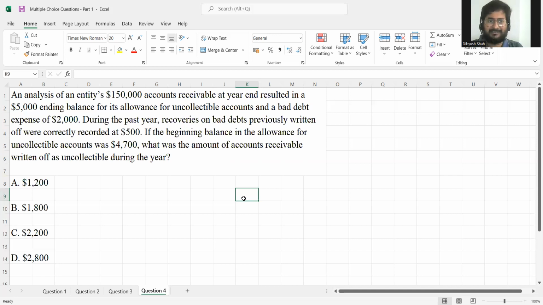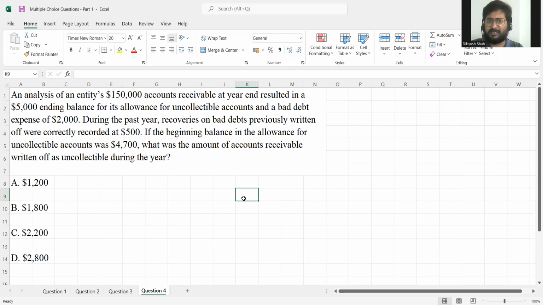An analysis of an entity's $150,000 accounts receivable at year end resulted in a 5,000 ending balance for its allowance for uncollectible accounts and a bad debt expense of 2,000. So what has happened? I have analyzed an entity's allowance account. The closing balance is 5,000, bad debt expense is 2,000.